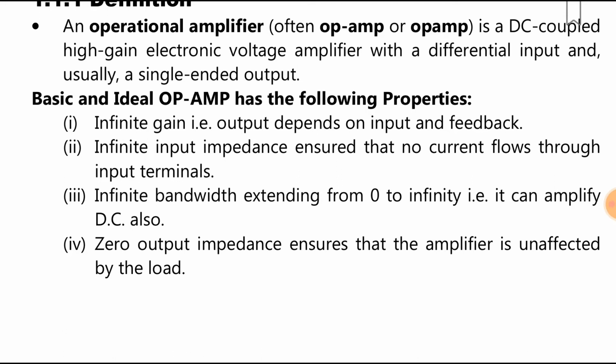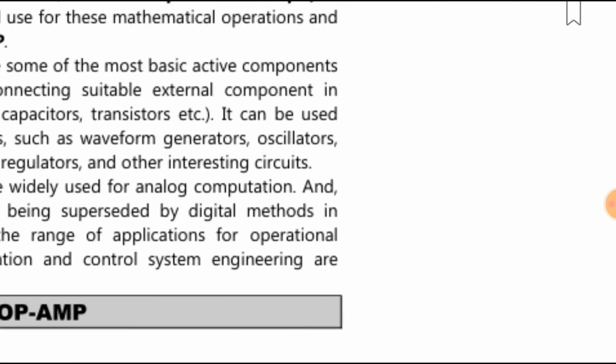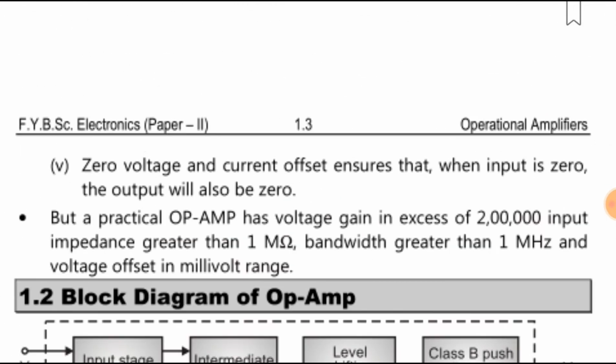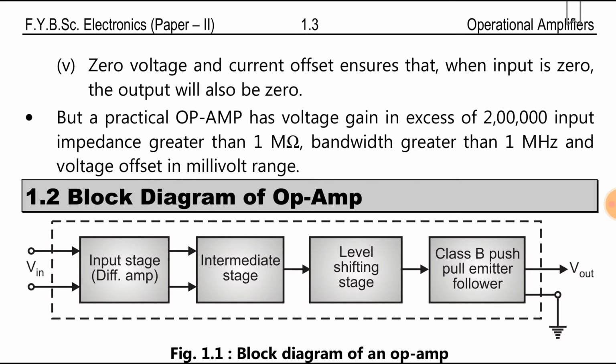It has infinite input impedance, input bandwidth up to infinity, and it can also amplify DC. It has zero output impedance. It also has zero voltage and current offset, which means when the input is 0, the output will be 0.